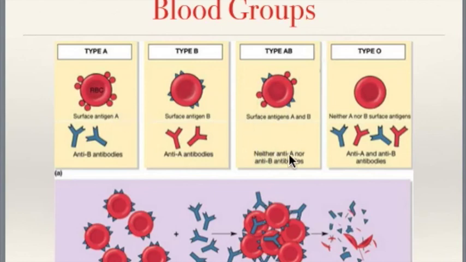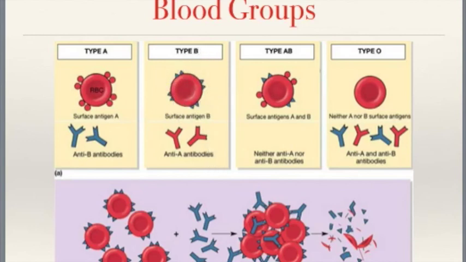Well, there are no antibodies in the recipient to react with the donor's antigens, so severe blood agglutination will not occur. Remember, it's the recipient's antibodies that have to attack the donor's antigens in order for severe agglutination to occur.